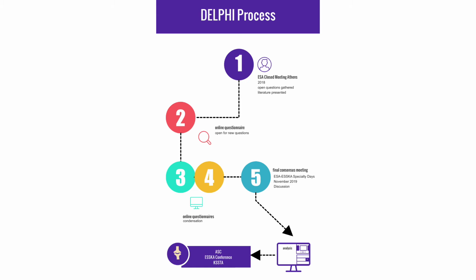So as I said, in 2018 we started with the ESSKA closed meeting in Athens, gathering all the questions, and we presented all the current literature that was out there. Round 2 was an online questionnaire, also with the possibility to submit new questions. Then rounds 3 and 4 were online questionnaires with the condensation, as I said before.